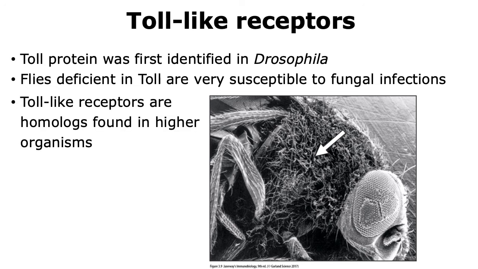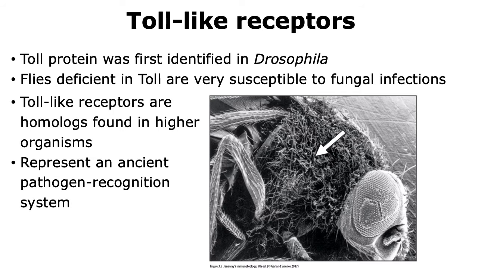Now, toll-like receptors were then identified in higher organisms, and now we know that there is an entire family of proteins that come under the umbrella of toll-like receptors. Toll-like receptors represent an ancient pathogen recognition system.